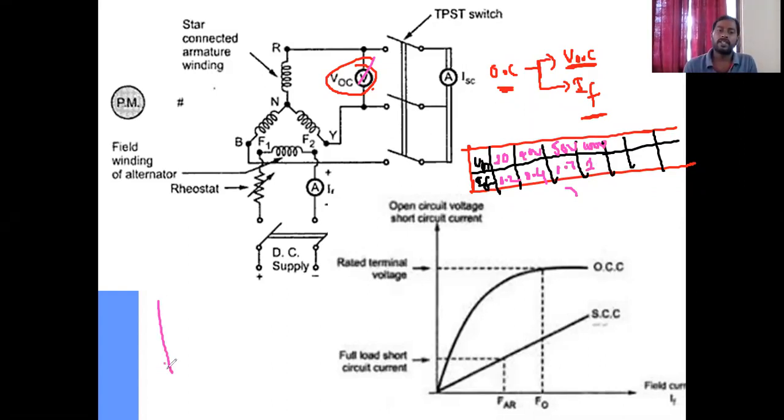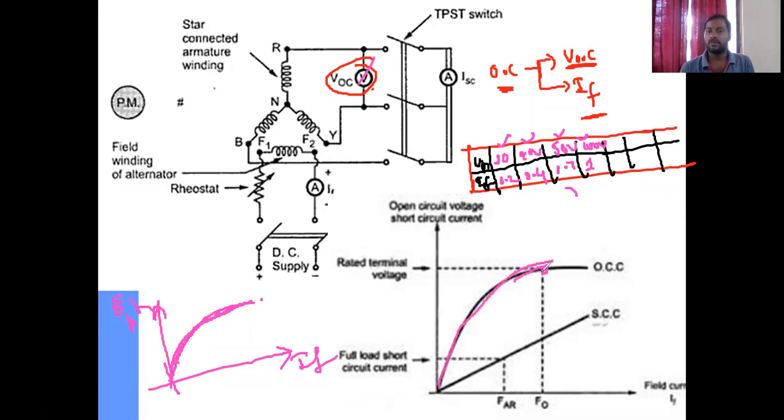You need to take E phase on the x-axis and field current on the y-axis. If you plot these values on graph sheet, we will get points like this, and if we join the points, the curve increases in an exponential manner.